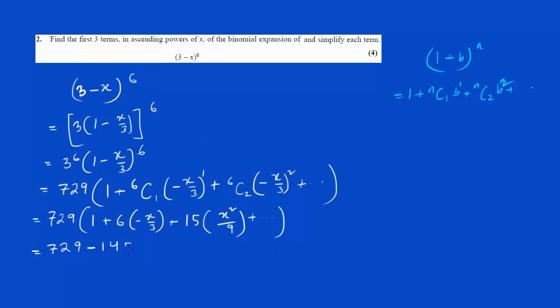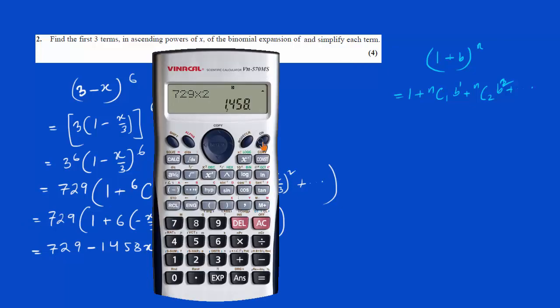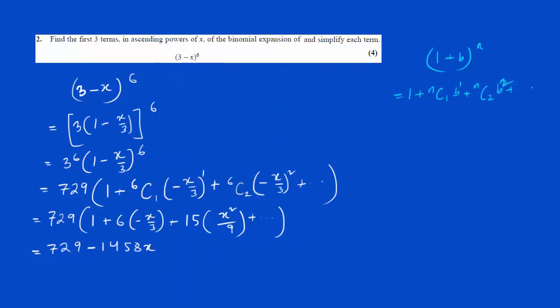Minus 1458, and remember the x. Then we have 15 by 9 times 729. So that would be 729 times 15 by 9, and that is 1215. So plus 1215 x squared.